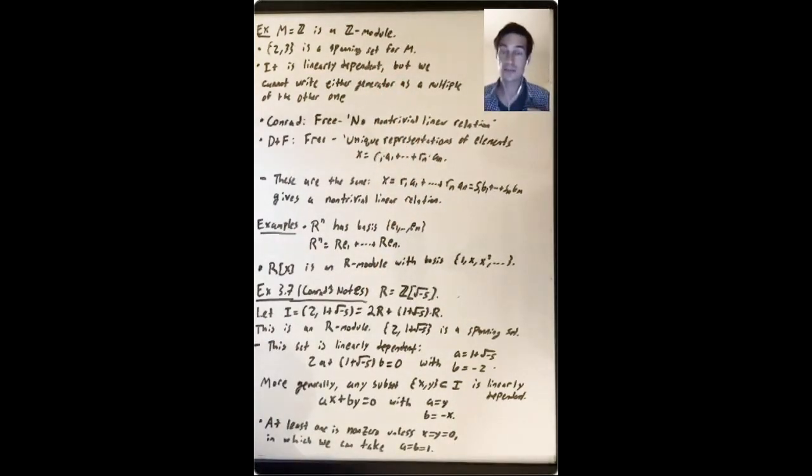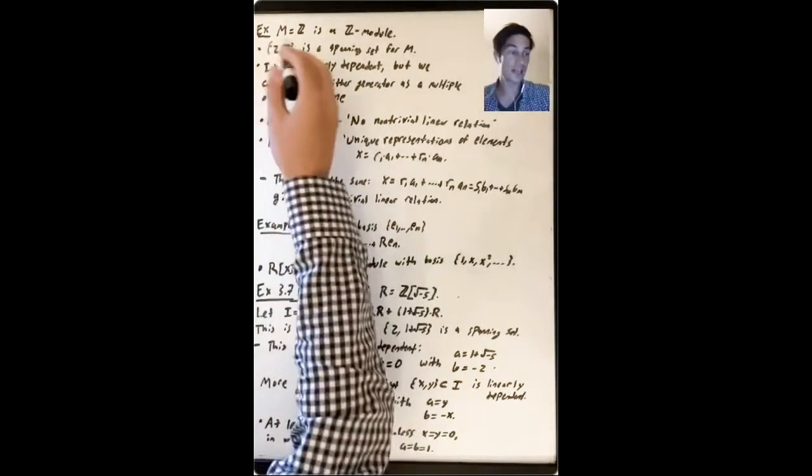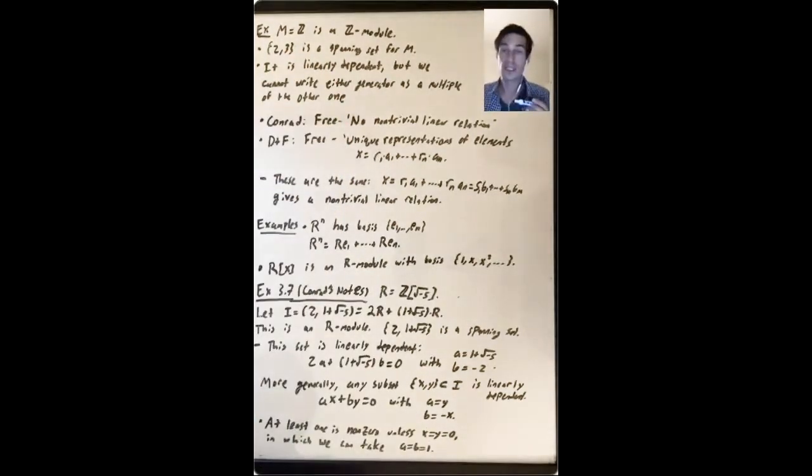So for vector spaces, if you have a set of vectors that are linearly dependent, then it must be the case that we can write one of them as a linear combination of the others.